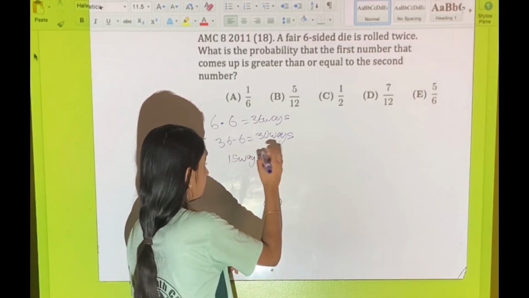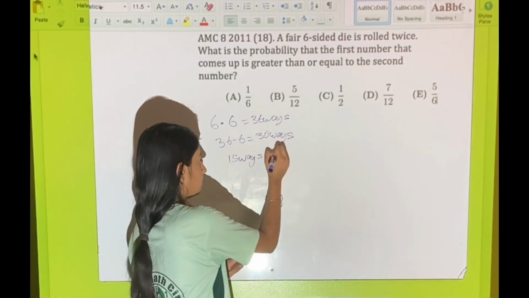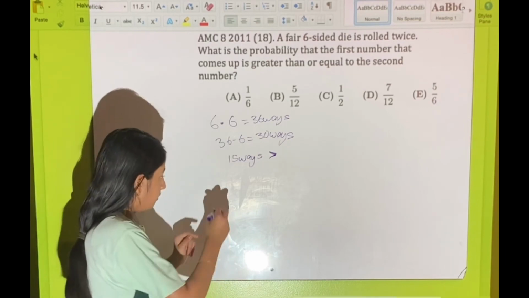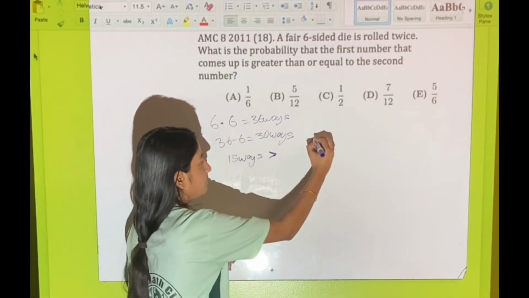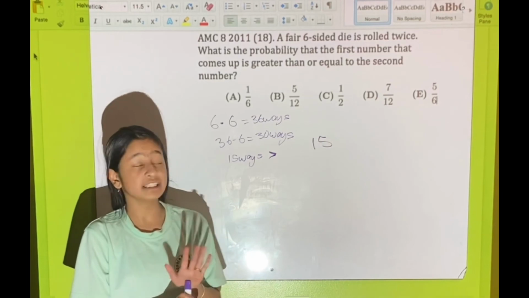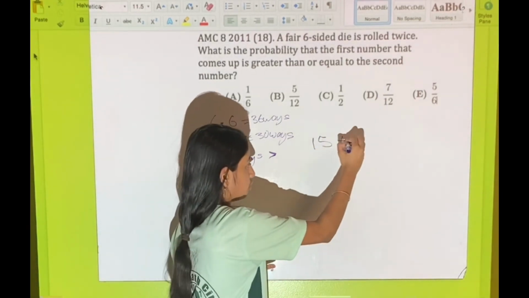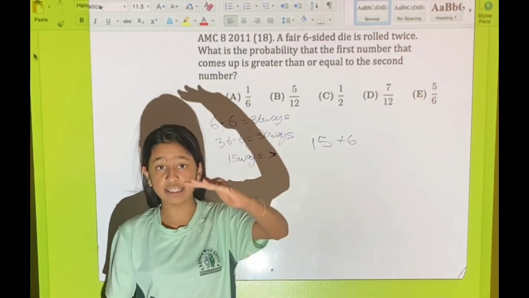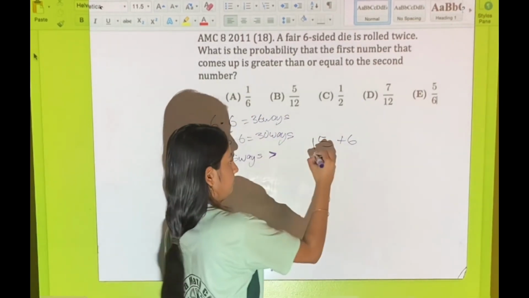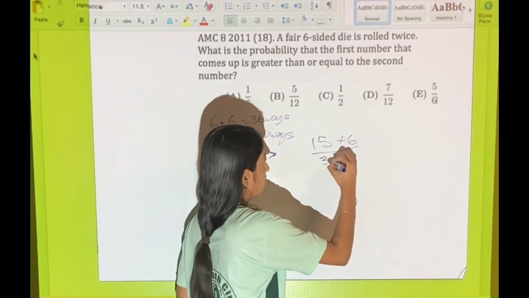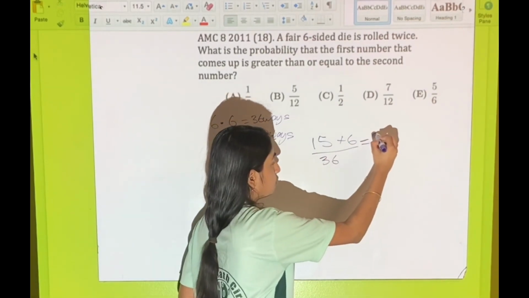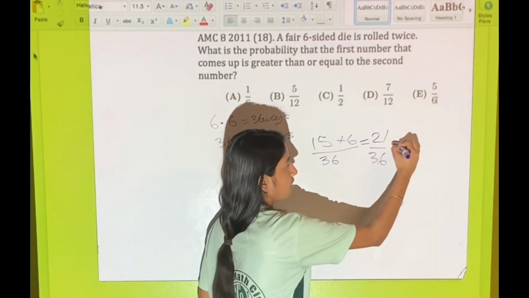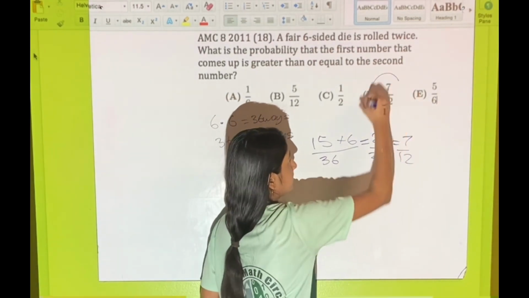So now we're going to have the 15 ways it can be greater, plus the 6 ways it can be equal to, over the total number of outcomes, because probability is desired event over total outcomes. This is equal to 21 over 36, which simplifies to 7 over 12, or D.